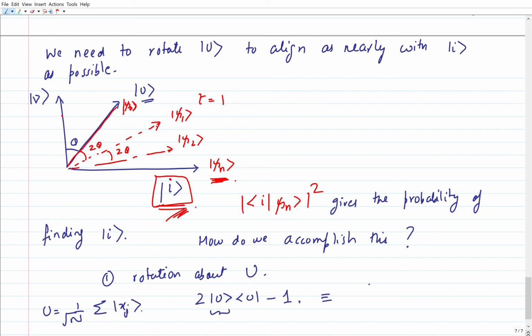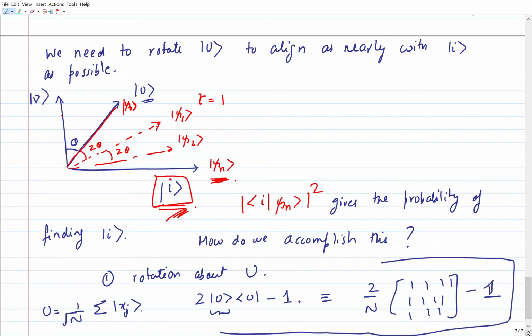If you expand this, it is going to give you the all-ones matrix minus the identity matrix. Sorry, it should be the reflection about u.